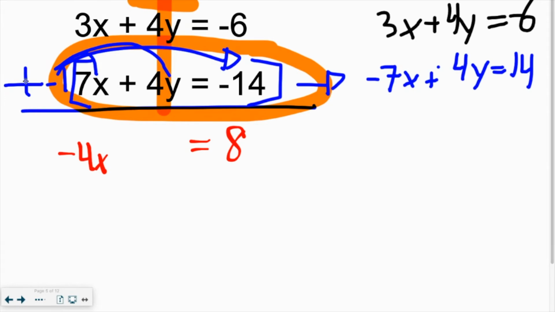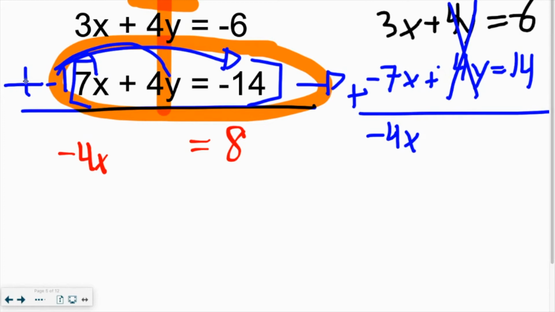And then now we've met our goal where we can put a little line underneath and add them together, where we get negative 4x. These guys cancel because that one was negative, equals 8. Notice we did get to the same answer, whether you subtracted them or multiplied one by a negative 1.